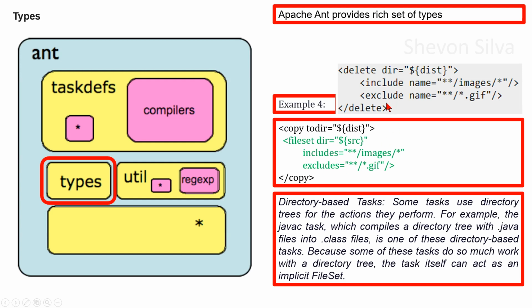Here, deleting the original set of files, the delete task can act as an implicit file set.